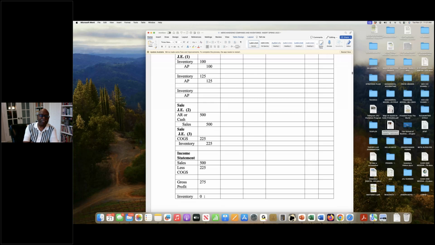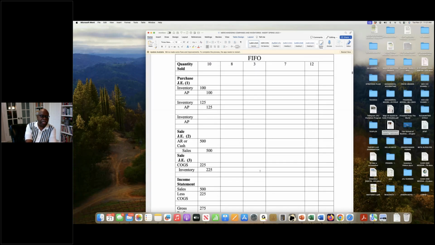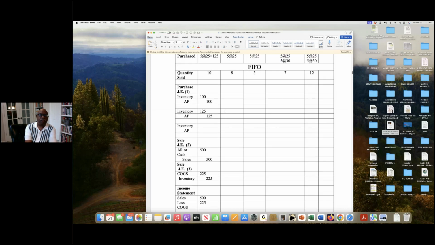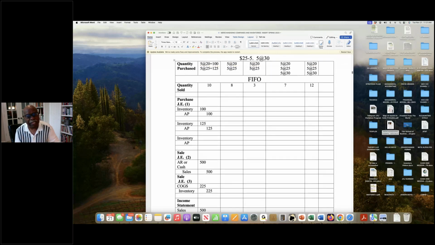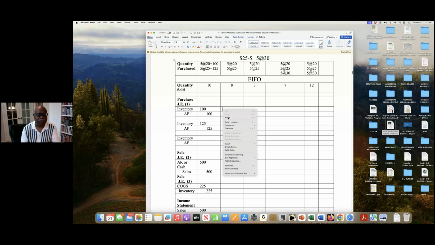Now, let's look at what happens when we don't sell all the shoes. Same situation, we bought 5 at 20, 5 at 25. So these numbers stay the same as we run our shoe store.